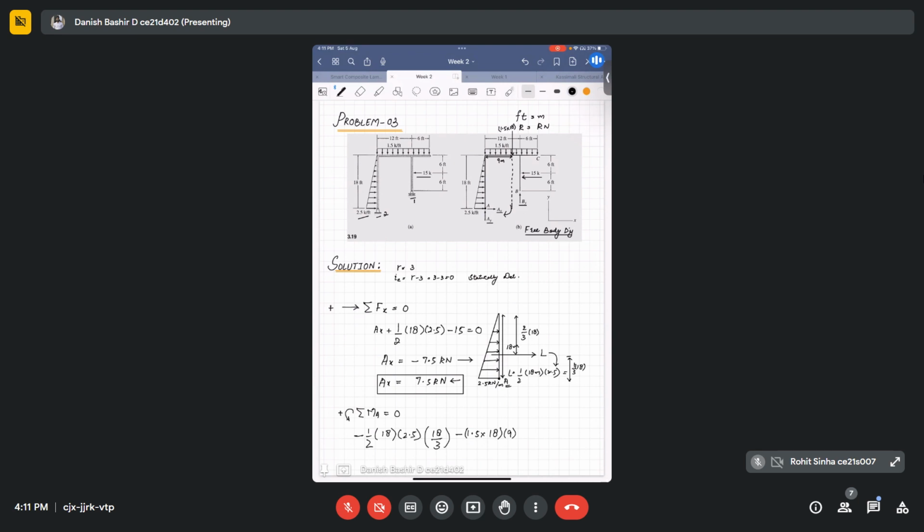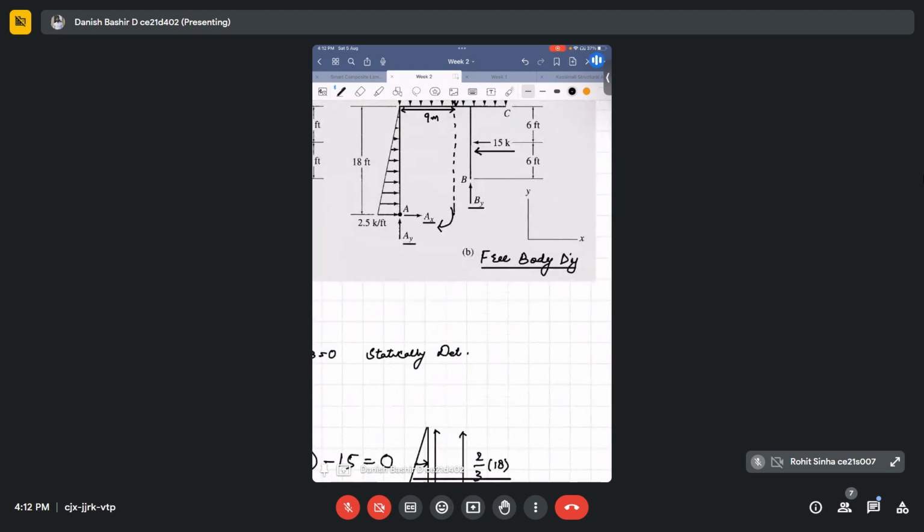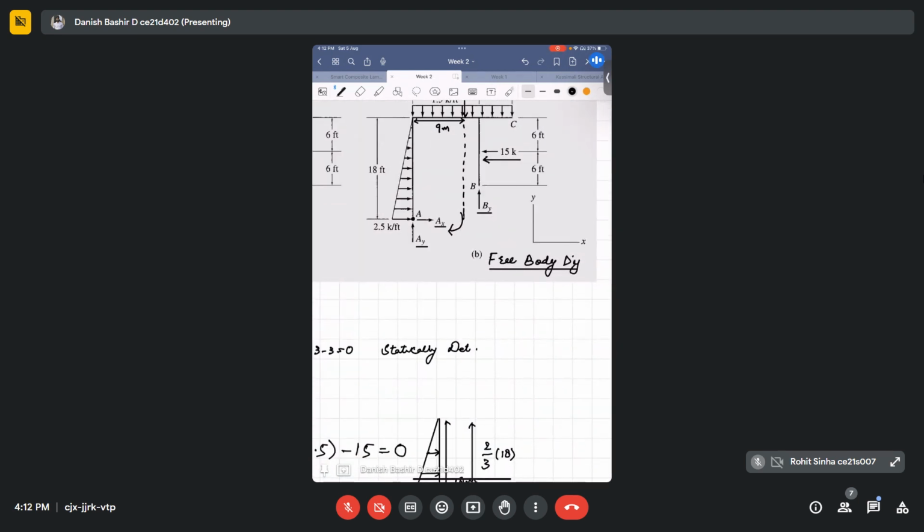Then this 15 kilonewton load, what is it creating? If you see, what is the lever arm of this 15 kilonewton load? It is acting at a distance of, because this is total 18, this again will be 6 meter.